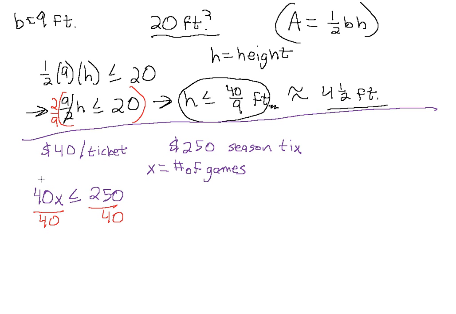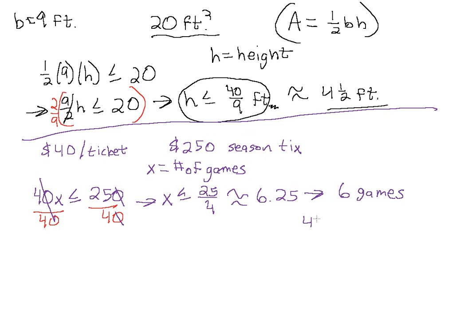So we can divide both sides by 40, which gives us just x on the left-hand side is less than or equal to, we can cancel these zeros on the end, 25/4, or approximately 6, well, it's actually 6.25, but what we're saying here is paying for each individual ticket, we can attend 6 games before the cost of season tickets is actually cheaper.